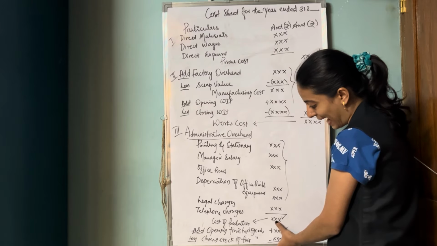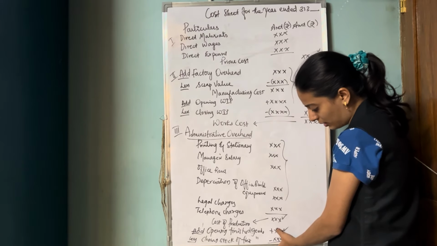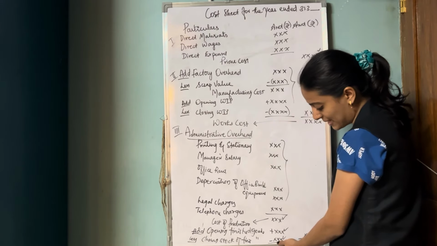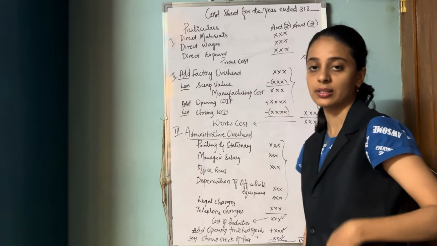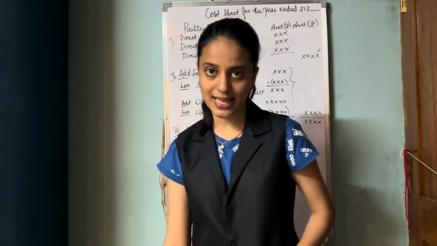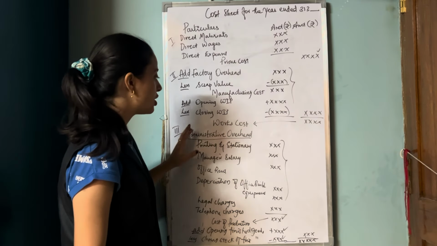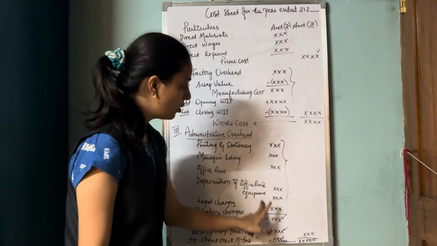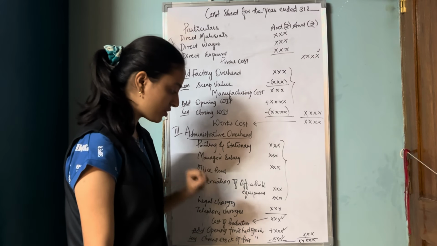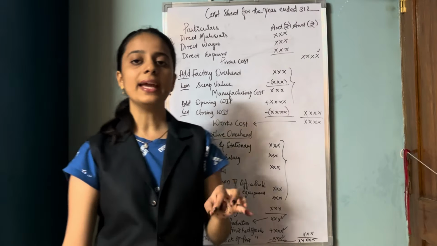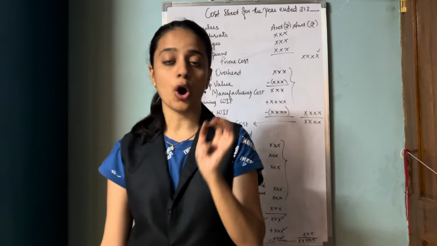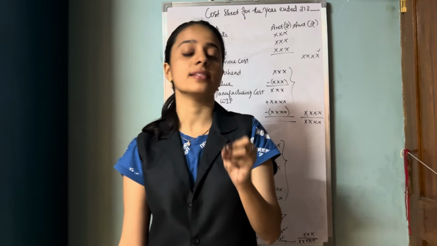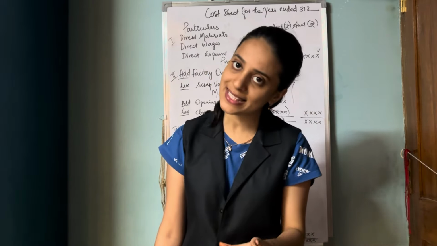We add opening finished goods less closing finished goods, and it will result in cost of sales. Fine. In administrative overhead, what did we take? All the office related expenses. We did the total of it. We got cost of production. To that, we added and deducted stocks of finished goods, and it resulted in cost of sales.